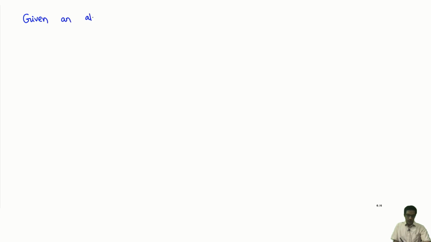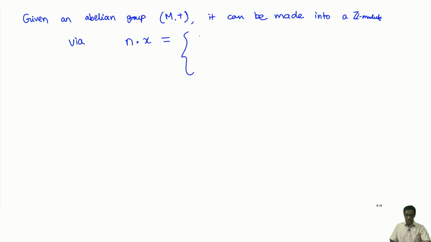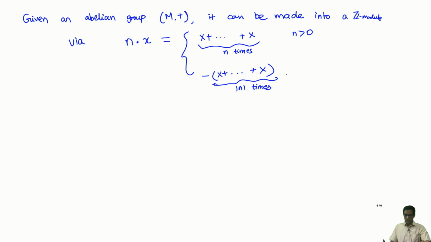Given an abelian group M, it can be made into a Z module via the definition n dot x is just x plus x, n times, if n is positive, or it's minus of this, mod n times, if n is negative. Or if n is 0, then of course the answer is 0.